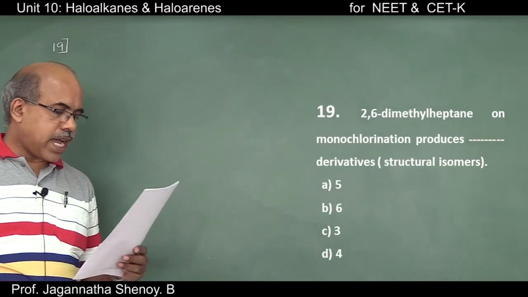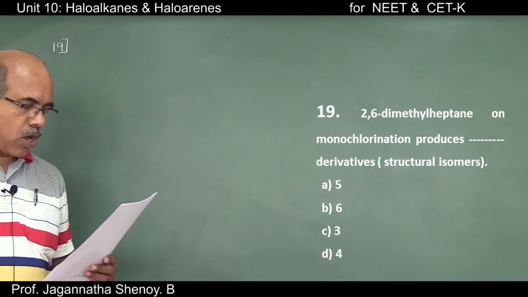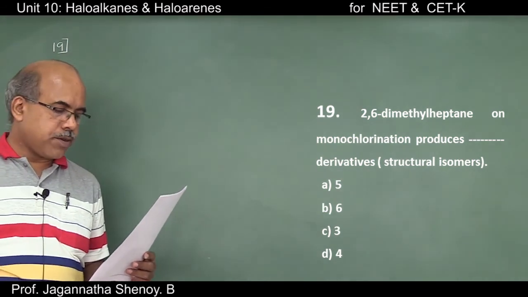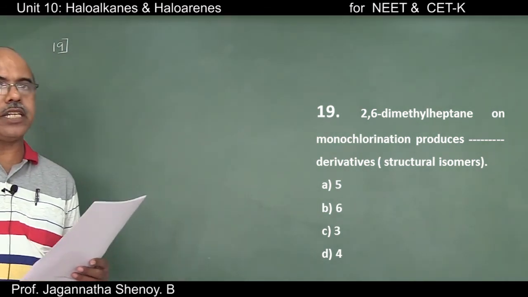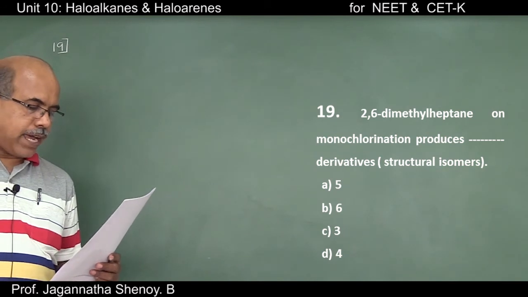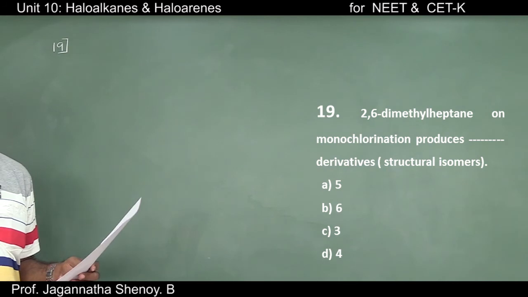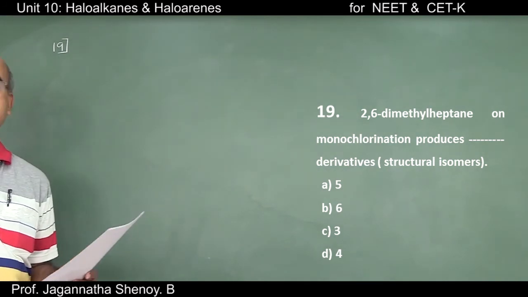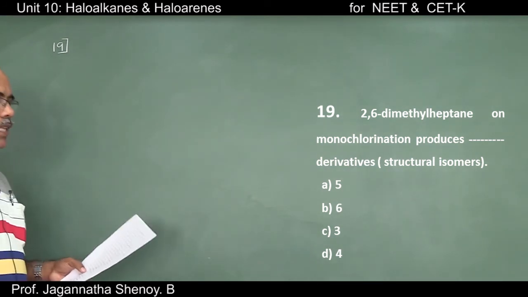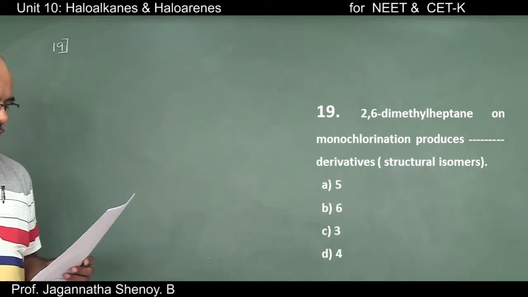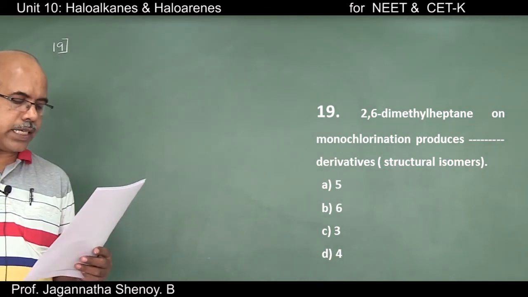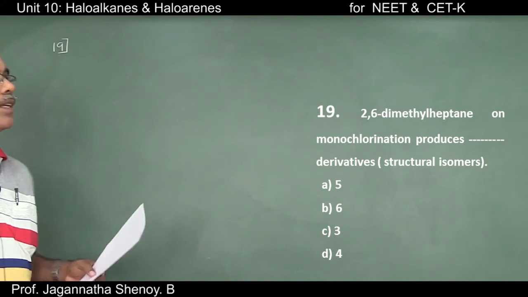2,6-dimethylheptane on monochlorination produces dash derivatives. We have to talk about structural isomers. How many structural isomers are possible? To understand that, first let us write the structure of 2,6-dimethylheptane.